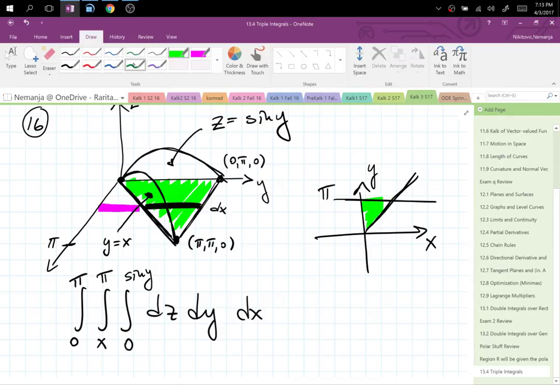So it's either 0 to x, or the black one, x to pi. You're allowed to bring your region and put it so you're not looking at it sideways.